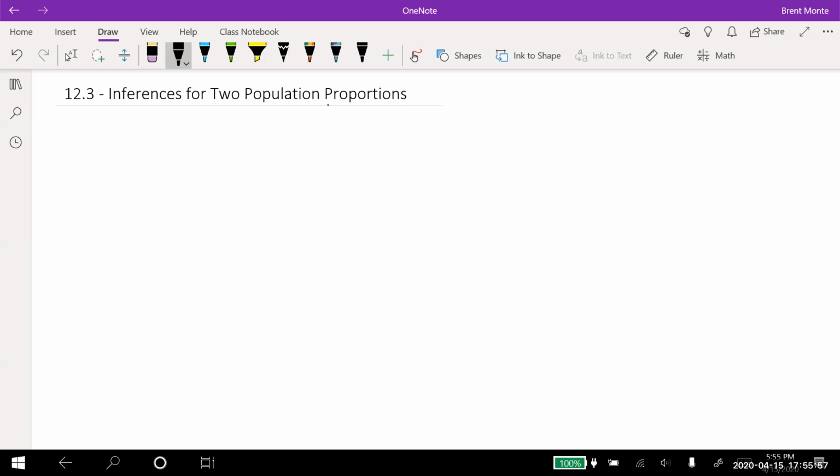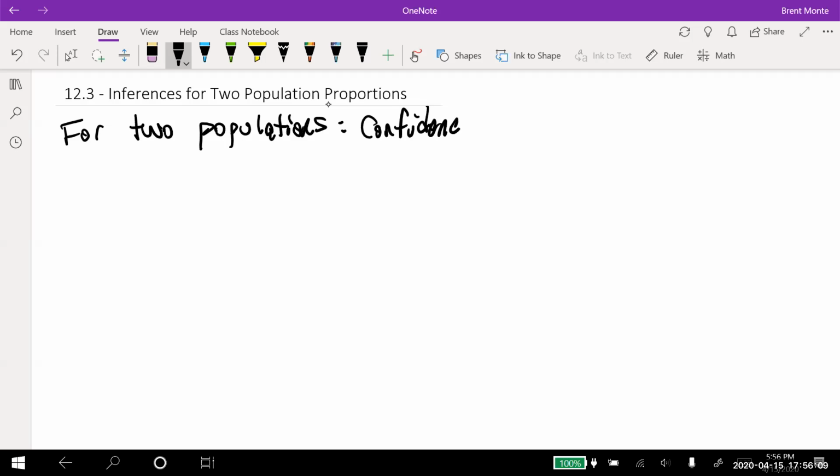Okay, so for 2 populations, for the confidence interval, it's just called a 2-prop Z interval.